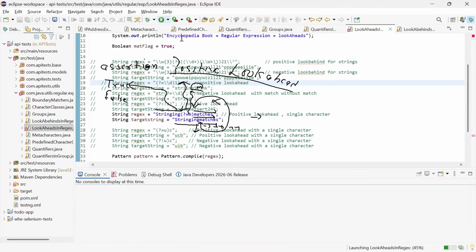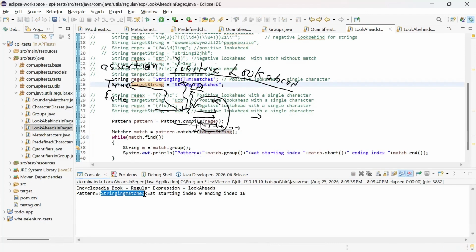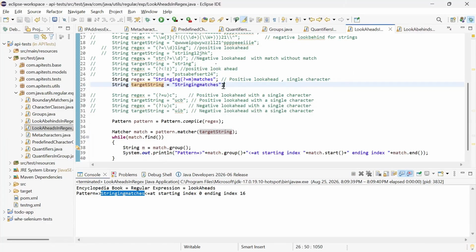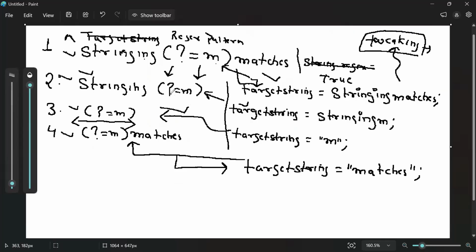So if I run this, it should give us the whole string as a match. See, it has given us the whole string as a match here. Let me remove this from here. Now let's see another example. "Stringing matches" we have checked and validated.